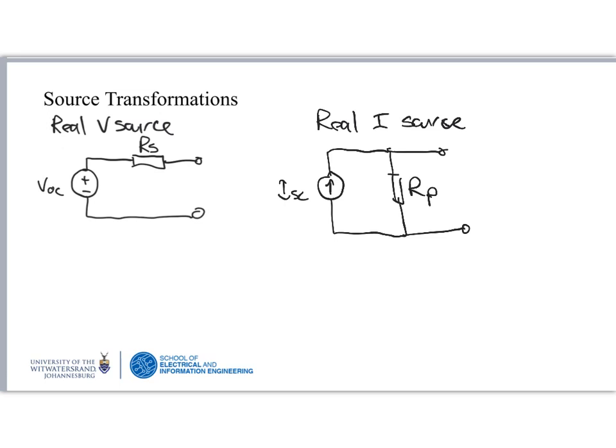And we also saw that both the real voltage source and the real current source could be described by the equation V open circuit is equal to a source resistor times I short circuit.